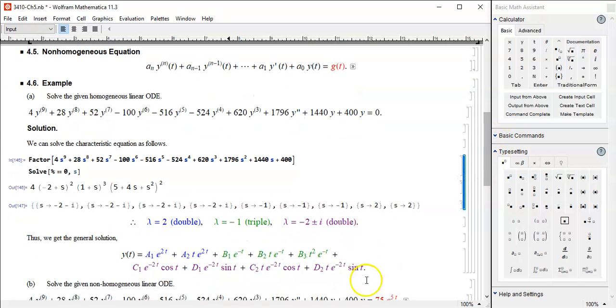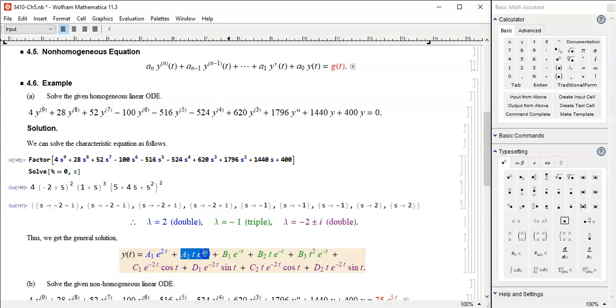And thus, we'll have this kind of expression. Double root, so we have exponential and t times exponential. Triple root, so exponential, t times exponential, t squared times exponential. And then complex, so we have exponential cosine and exponential sine. And then double roots, so we have t times those as well.